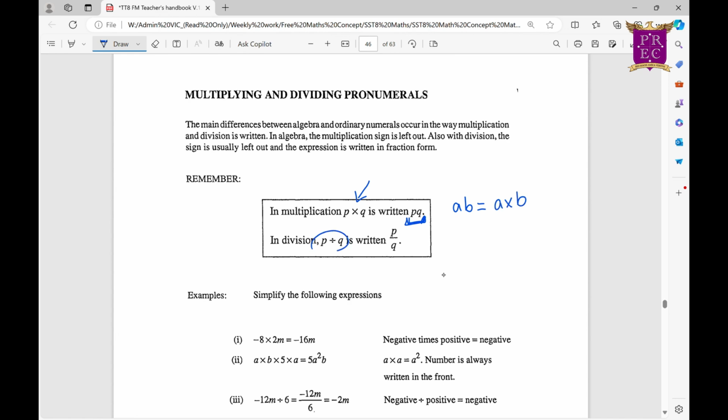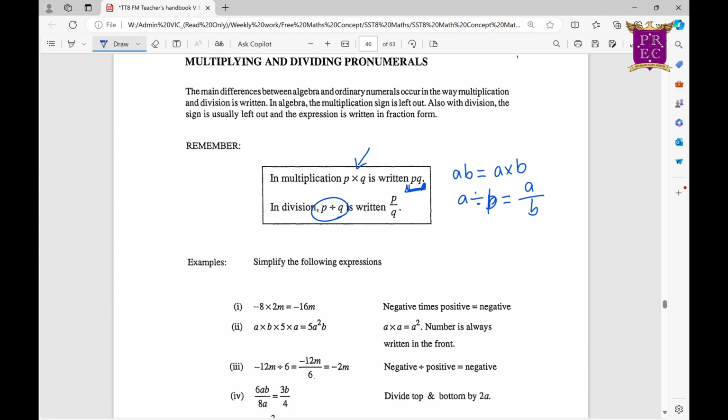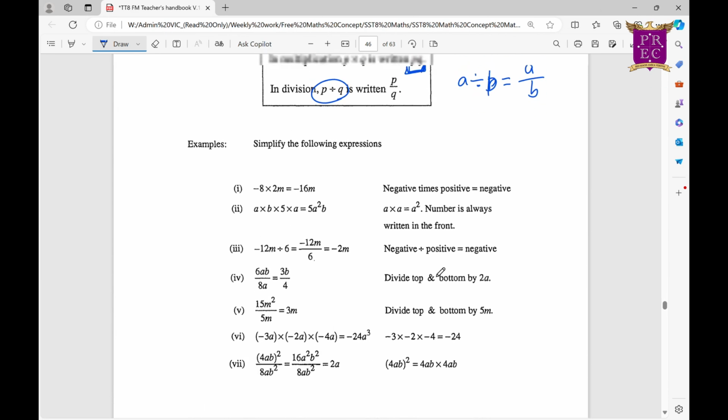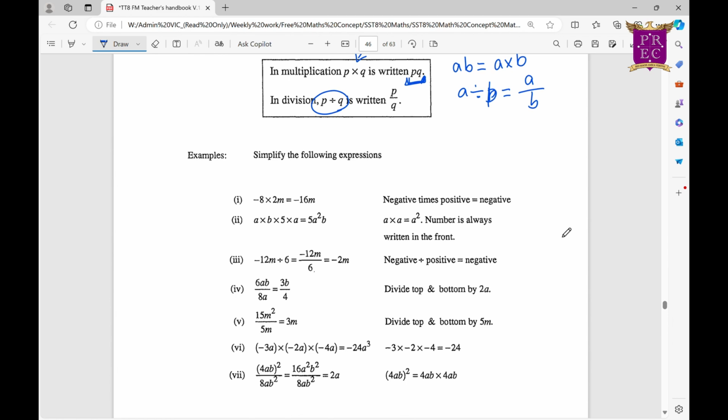And when it's division, typically we'd like to write it in fraction form. So a divided by b is written as a over b. Okay, so there are a couple of rules which I'll try to go through methodically so everybody understands it.